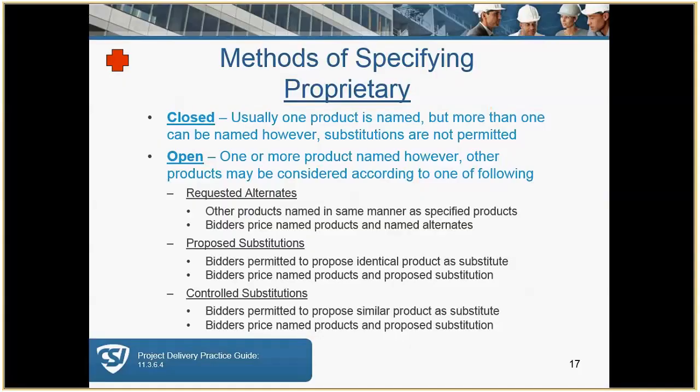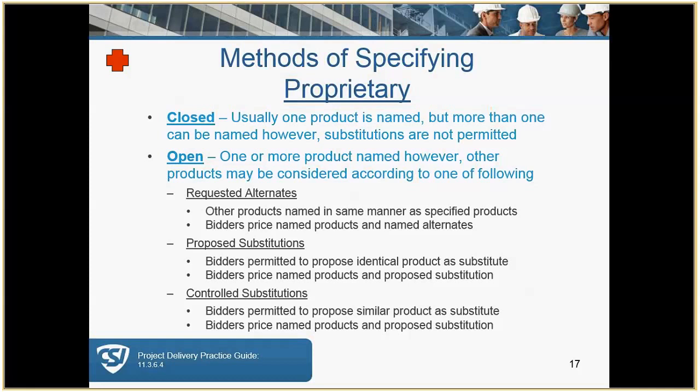This is the difference between a closed and an open spec. Basically, the big difference is closed: you only want that product, or maybe you identified a couple of basics. With an open product, you're giving a basis of design, and then you're allowing the contractor to potentially use another product by another manufacturer, but you're the one who's going to deem whether or not it's acceptable.